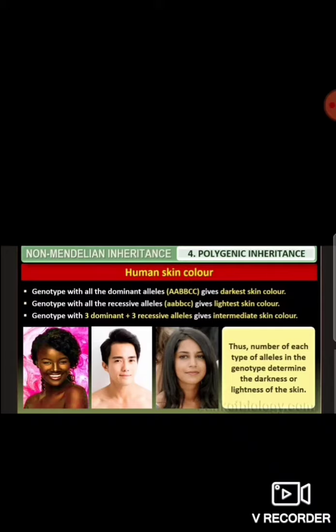A genotype with 3 dominant and 3 recessive alleles will give an intermediate skin color. Thus the number of each type of allele in the genotype determines the darkness or the lightness of the color.